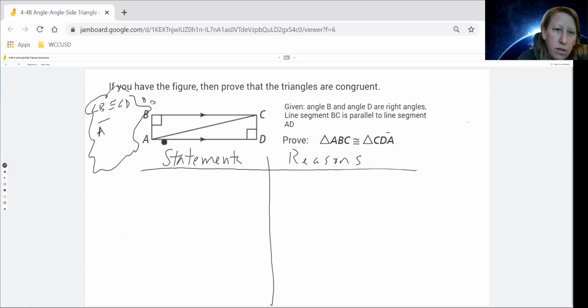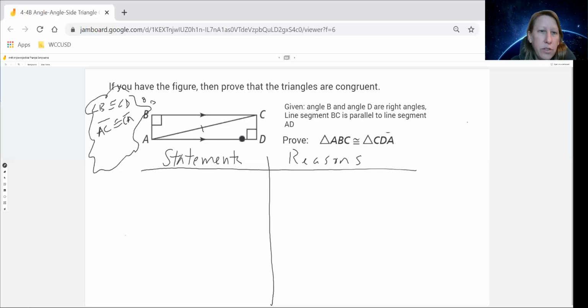I think I'll say AC, and I'm also looking here, AC matches up with CA. So I use the first and last letter. If that's a little confusing, it's okay. Okay, those match up. I'm going to even just mark that. Okay. What else do I need?